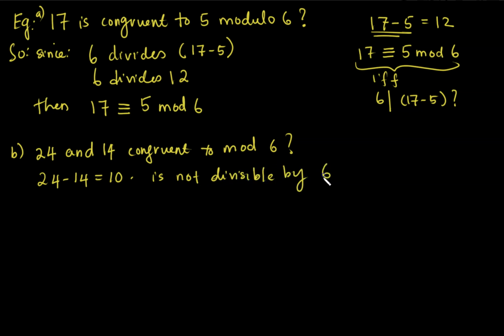Why? Because when you divide it by 6, you do have a remainder of 4. So you will say 24 is not congruent to 14 mod 6. Hopefully that example helps you understand the meaning of modular and do simple questions like this.